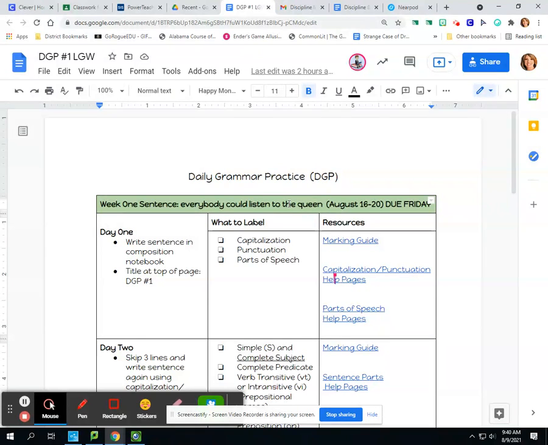The abbreviation for article is ART. And then queen is a common noun because it's not capitalized. And you're going to note that it's a common noun by putting a lowercase n above the word queen.